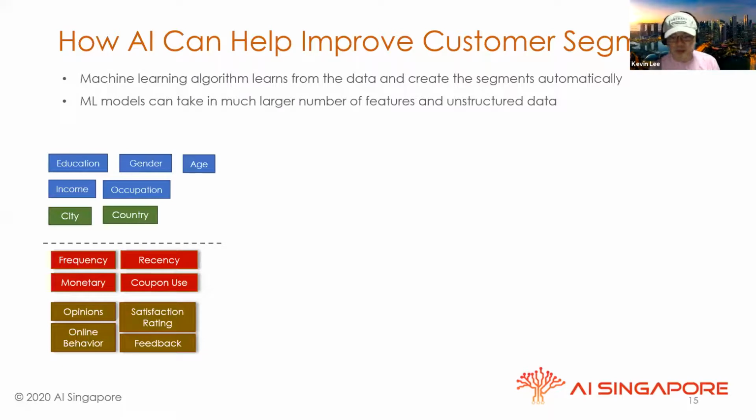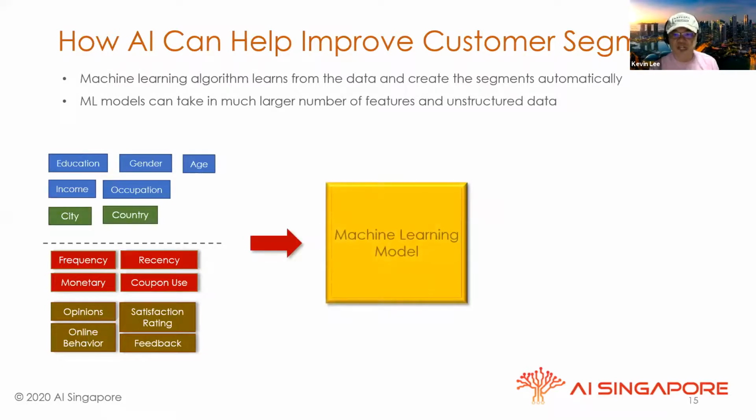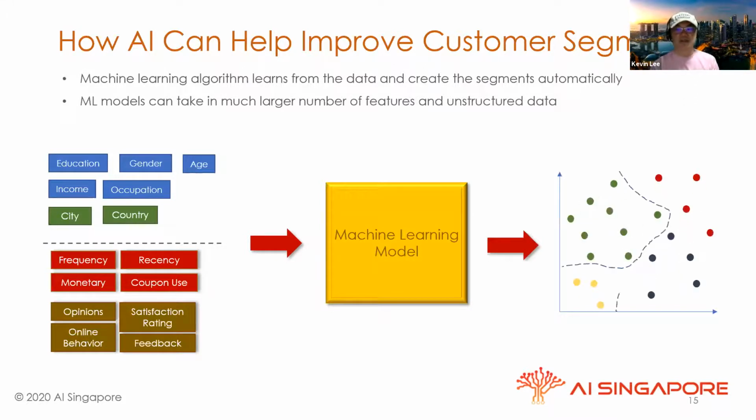You will then be able to make use of a machine learning model to automatically find the right clusters that hopefully can separate your customers in a more advanced and more accurate way. When I say accurate, it would mean whether it is able to predict their future behavior or not. That's all what segmentation is all about.